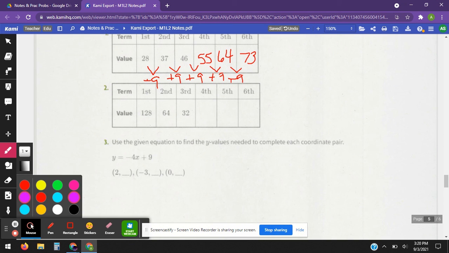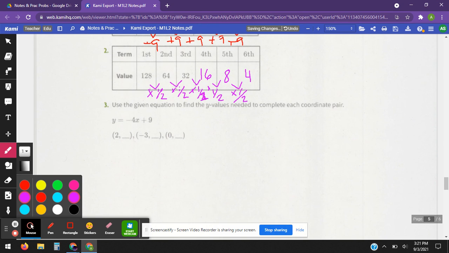This one, I noticed this looks like it is a times half, or divide by 2. So half of 32 is 16. Half of 16 would be 8. Half of 8 is 4. All right, that one's done too.